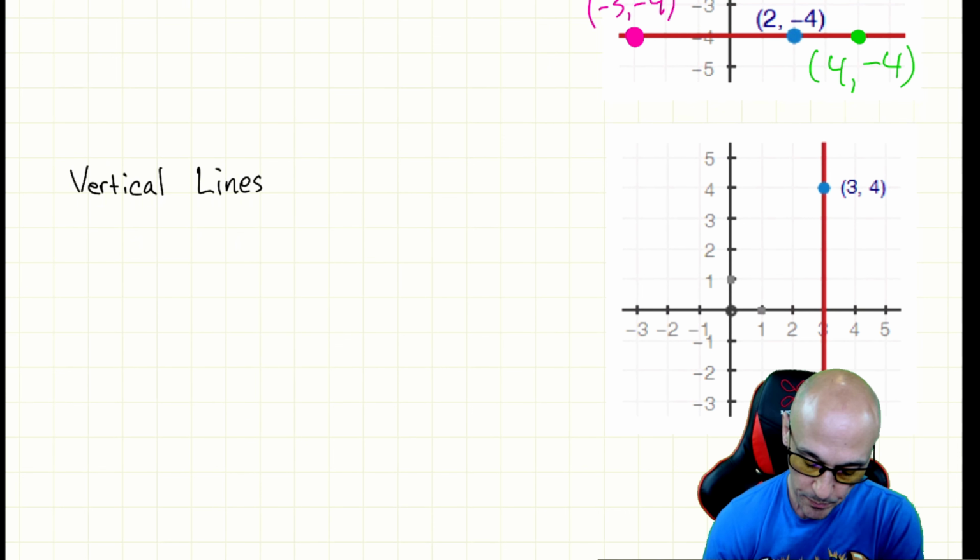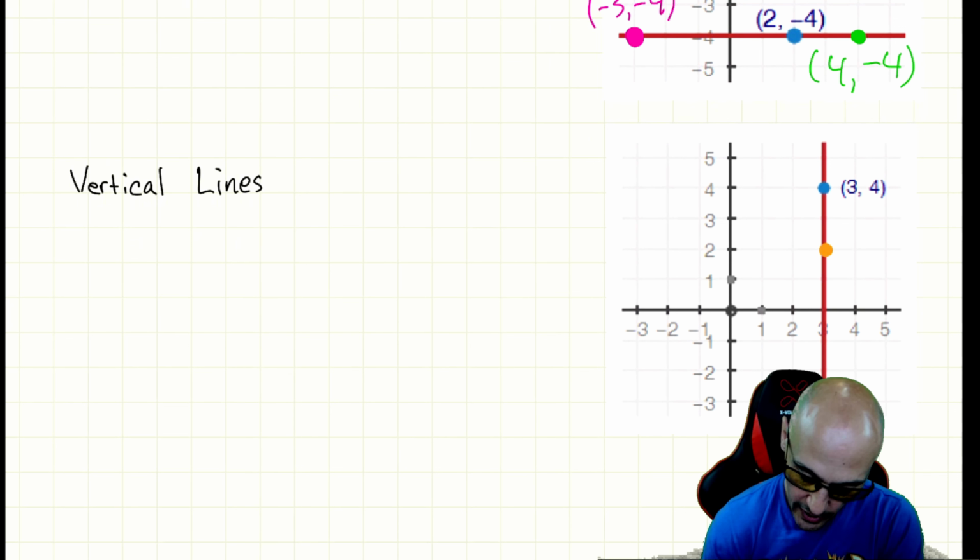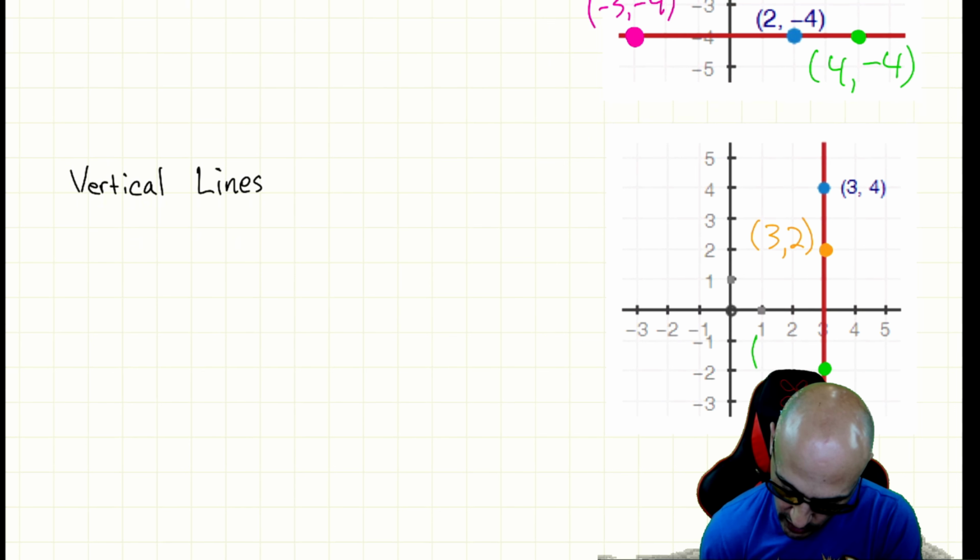It's similar, because all of our points, here I'll put one here, is going to be the point 3, 2. If I put another point down here, that is the point 3, negative 2. Notice that in all those, the x value is 3.